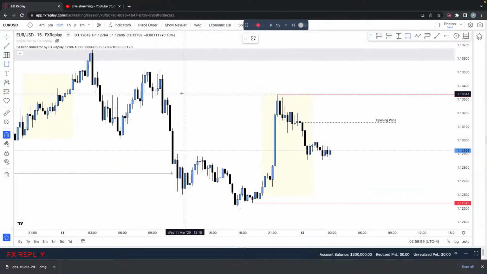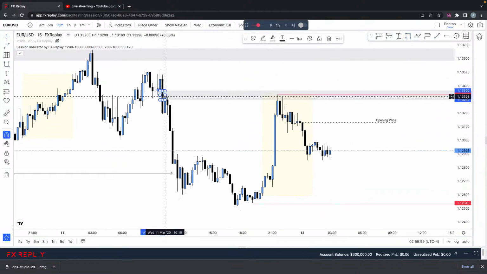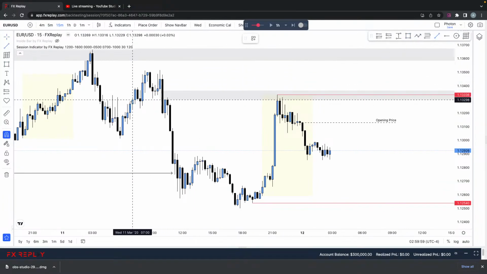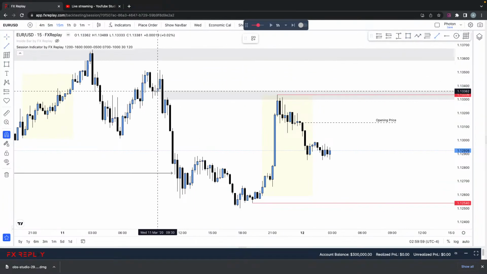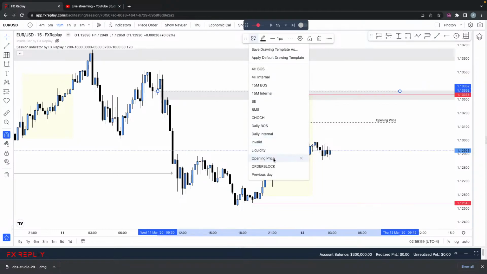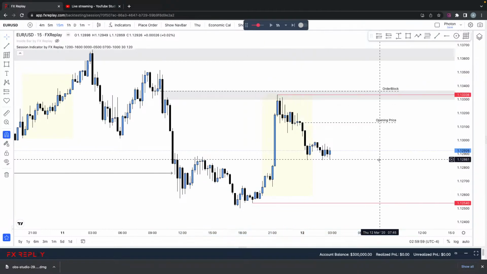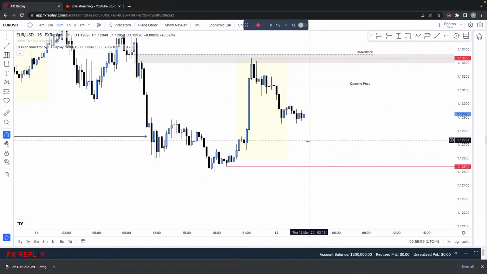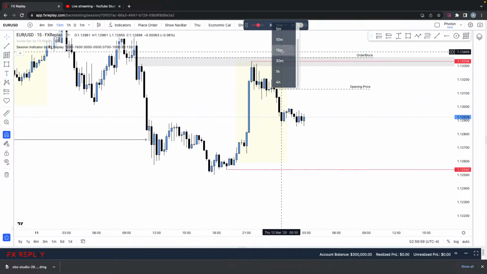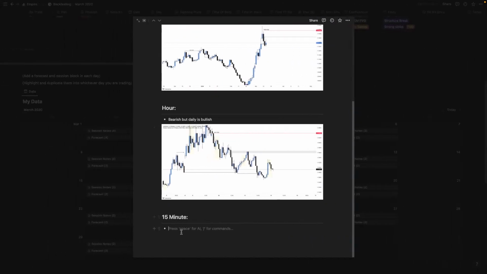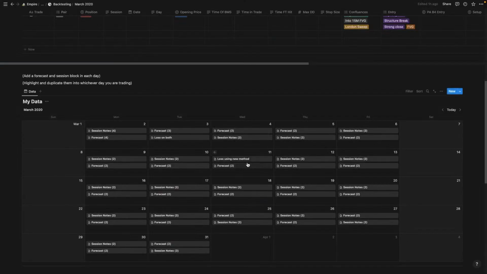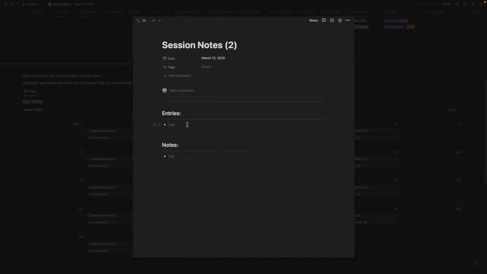Now, clear fair value gap here to tap into. Order block here as well, right there. We have an order block. Here, let's see what happens if it even taps into it, but that's what I'm looking for pre-market. So what was this? Yeah, 12th.